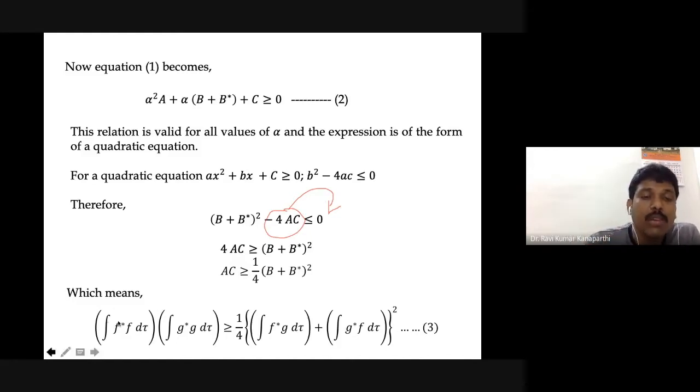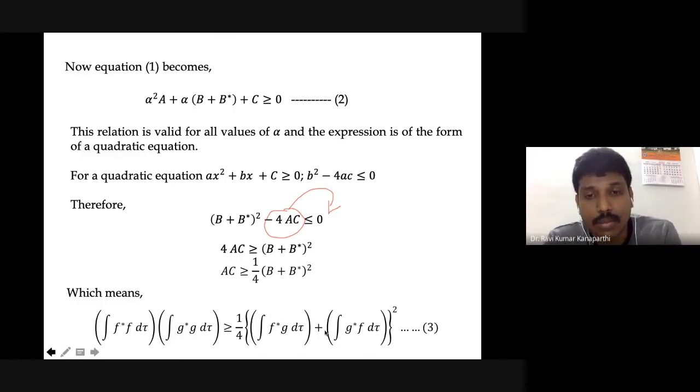A is the integral of f star f d tau, C is the integral of g star g d tau, B is the integral of f star g d tau, and B star is the integral of g star f d tau. Substitute those values over there, and this is what we get.